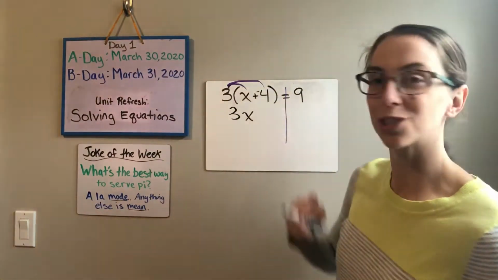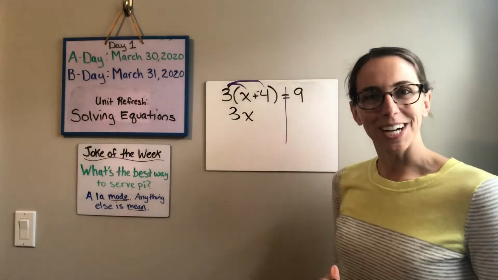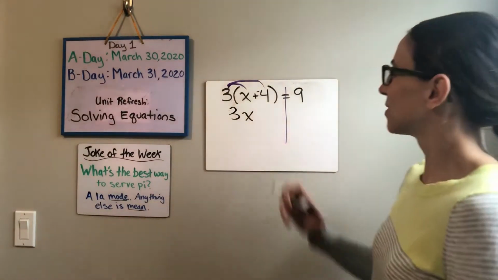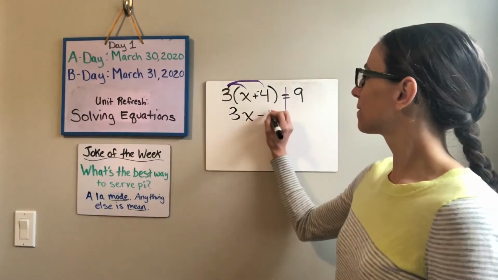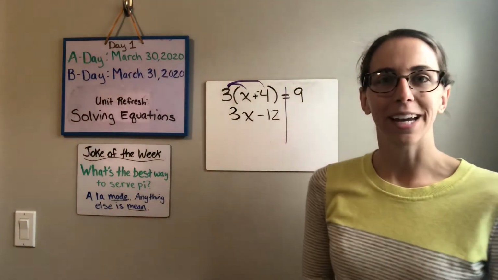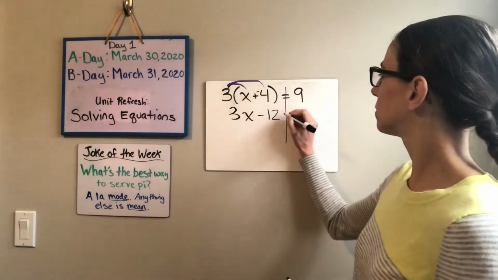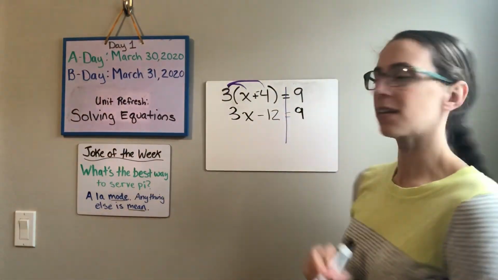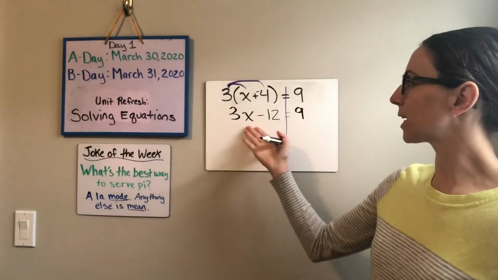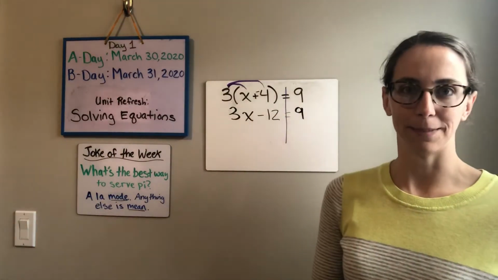You should watch Dr. Shaw's math story time if you're not sure why. So 3 times -4 will be -12. And then of course I have to bring down whatever I haven't touched. So we still have this equation being set equal, this expression 3x minus 12 is equal to 9.